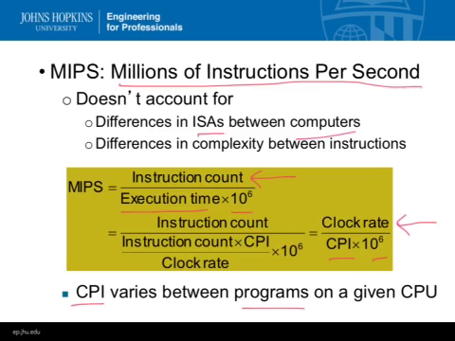You can't compare the MIPS of them. And you have to keep in mind that different programs have different collections of instructions, and that's difficult to compare as well. So it's going to vary between programs on the same computer. So just be careful when you're using MIPS.